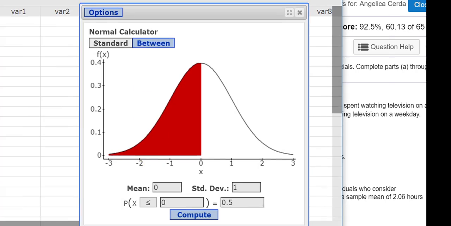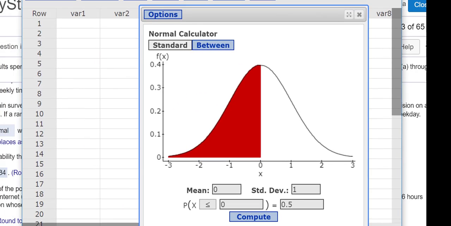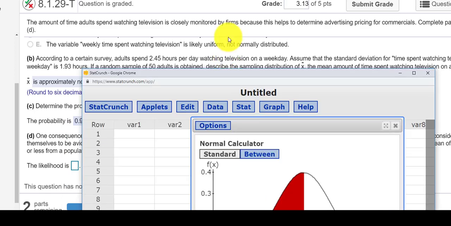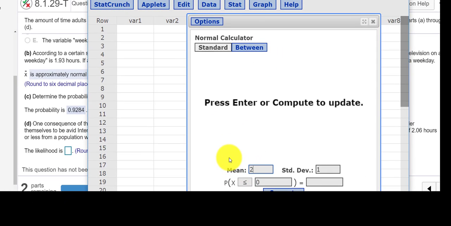And I believe we were given the mean time for the population. The population mean was 2.45 hours. So I enter 2.45 in for mean.